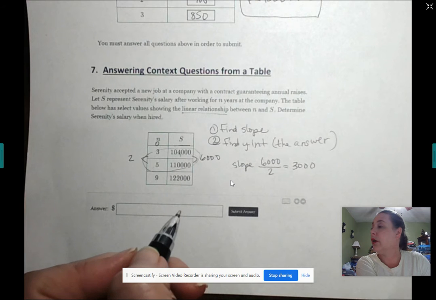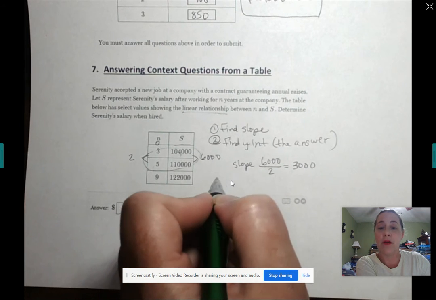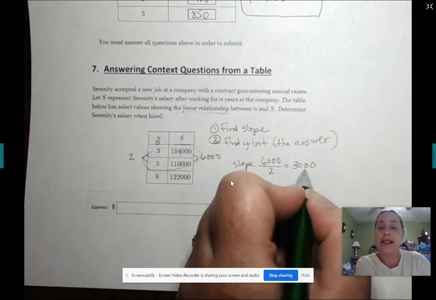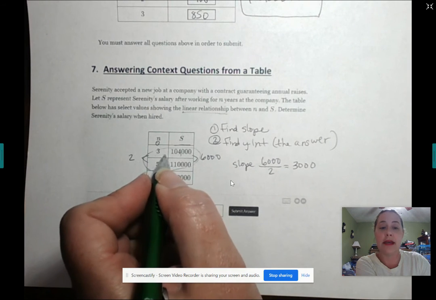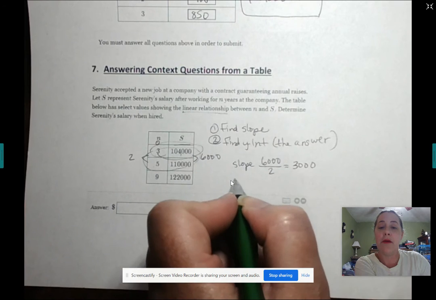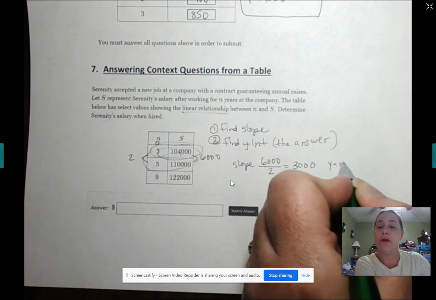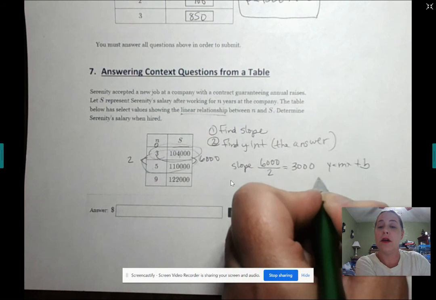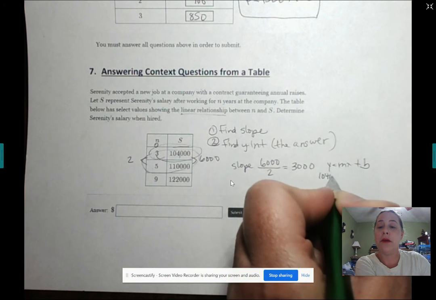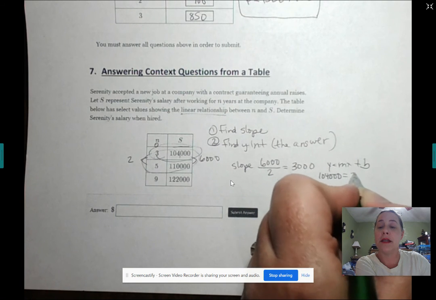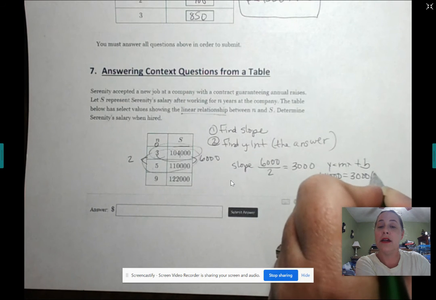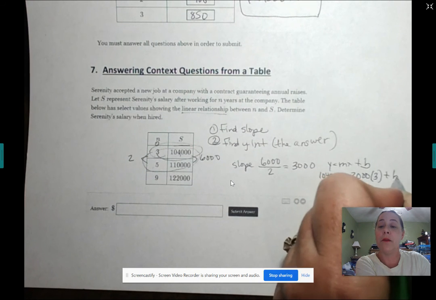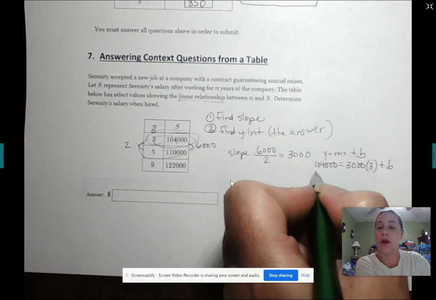So if we were to now find the y-intercept, I could take this slope and any one of these 3 points. I'm going to take the first one and I'm going to put it into slope-intercept form and solve for B. On year 3, when she was making $104,000, it was because she had had $3,000 added for 3 years from her starting amount, which we don't know yet.